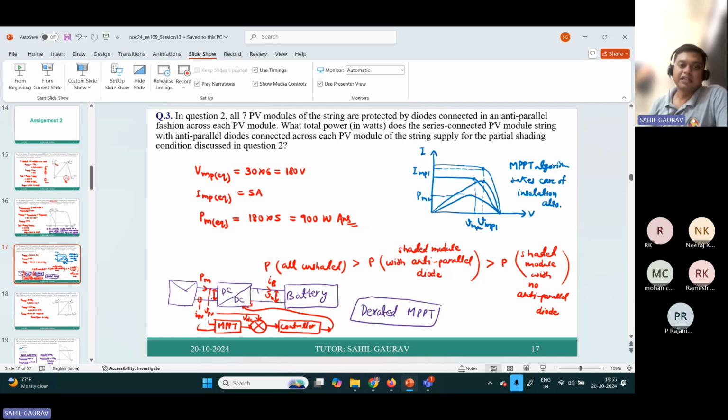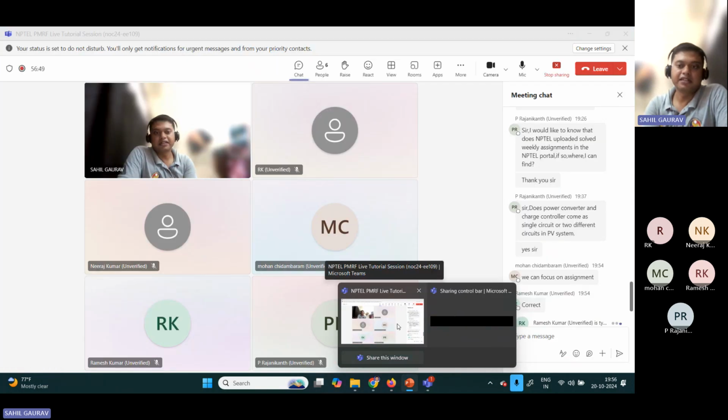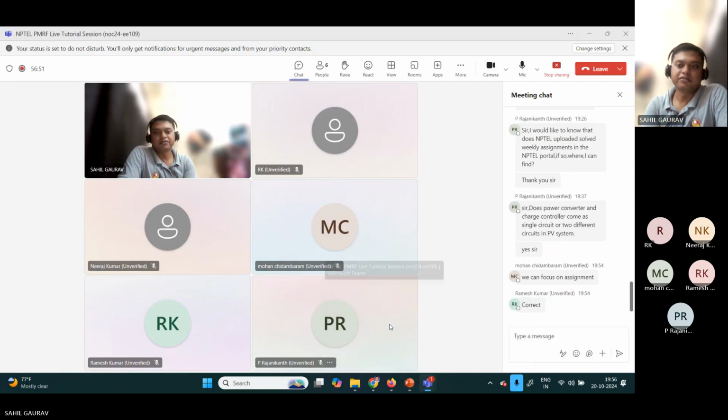This converter can set one voltage level. If you are setting this voltage across the PV, you cannot set this voltage across another part also. So one part of this voltage should be fixed. Yes, correct, sometimes we have to operate the PV at a derated value. Thank you, sir.